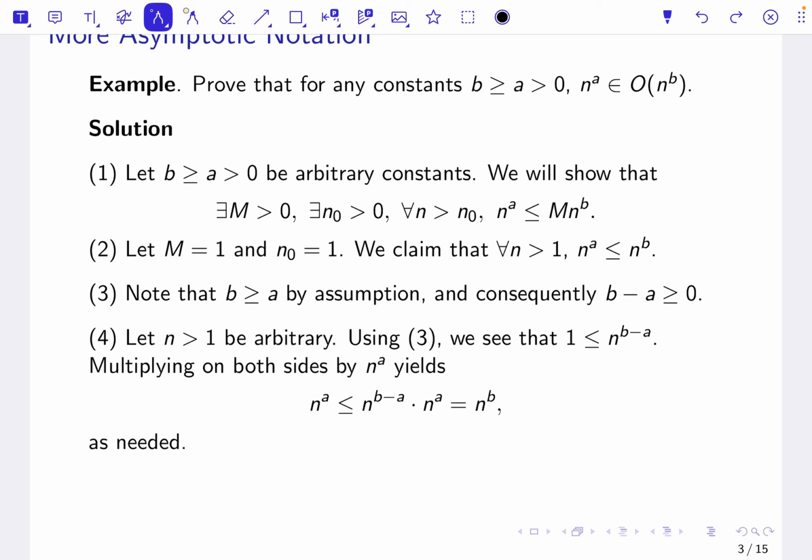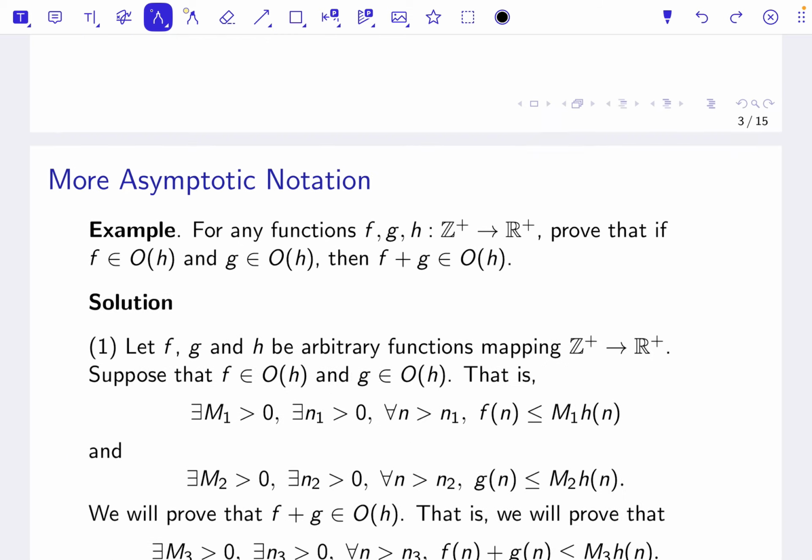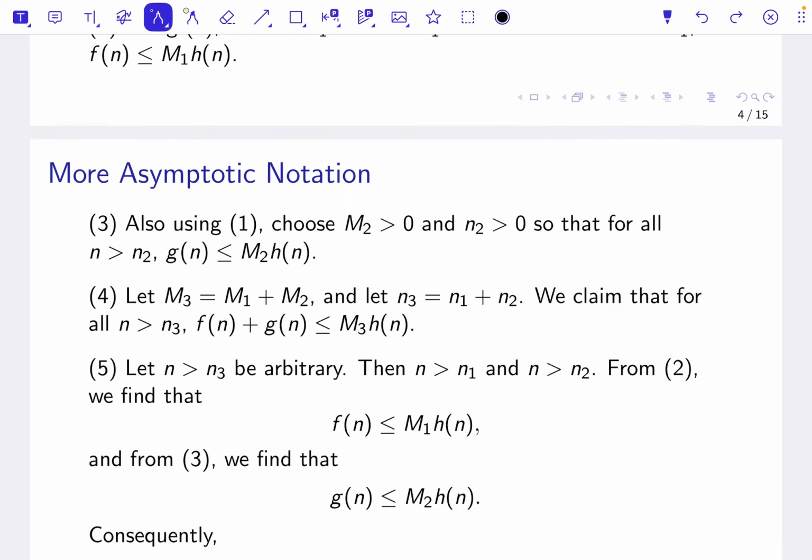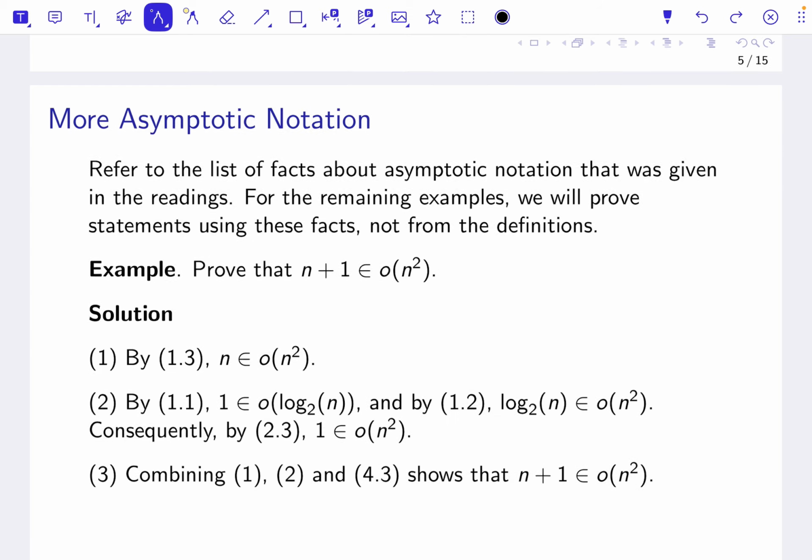There will be proofs of general asymptotic properties from the definition in a bonus question on the last assignment. And I don't think this is the time to be worrying about a bonus question on the last assignment. So skip.